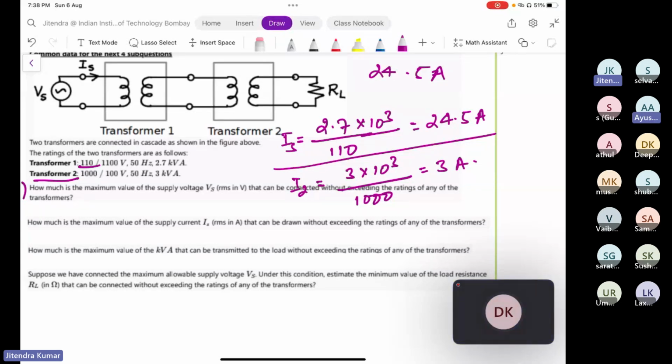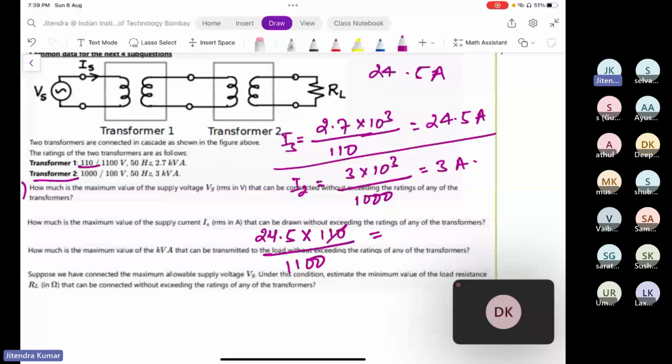Both are the minimum current. Now, when we refer the IS into the secondary using the turn ratio or transformer ratio, whatever you want to choose, then that current will come. 24.5 into 110 divided by 1100, and it should come out to be how much?